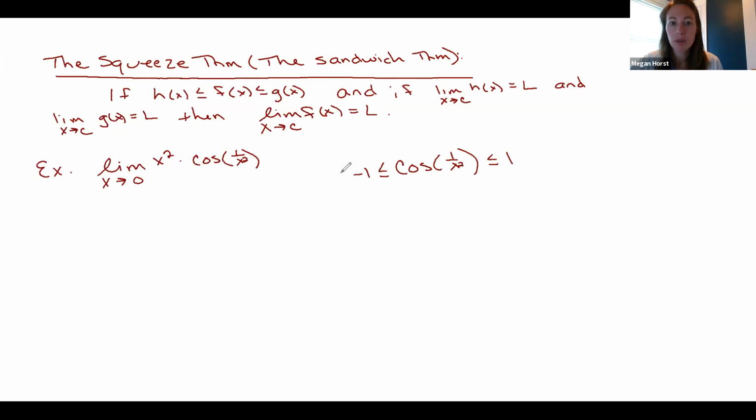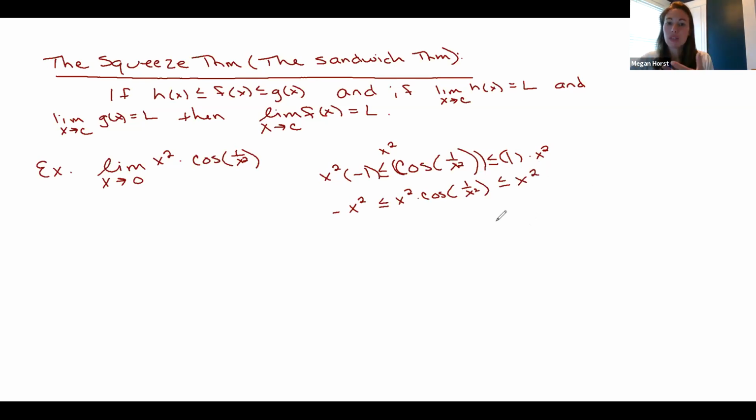So I'm going to multiply this middle region by x squared, because remember with compound inequalities, what you do to one part, you have to do to every single part. So I now have negative x squared less than or equal to x squared multiplied by cosine of 1 over x squared, less than or equal to a positive x squared.